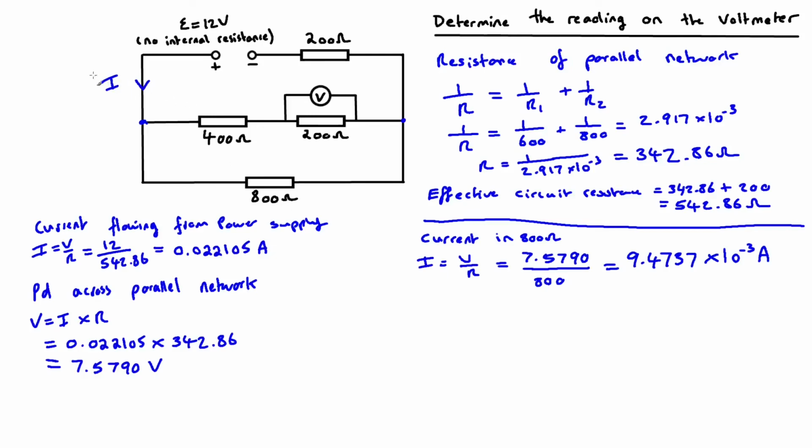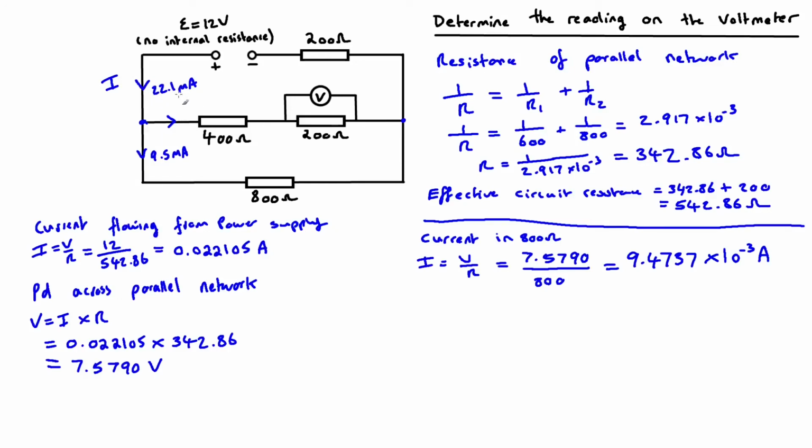So basically here we've got a current of 22.1 milliamps coming through here. We've got 9.5 milliamps coming through this bottom branch. So the current that must flow through the top branch is going to be the difference.